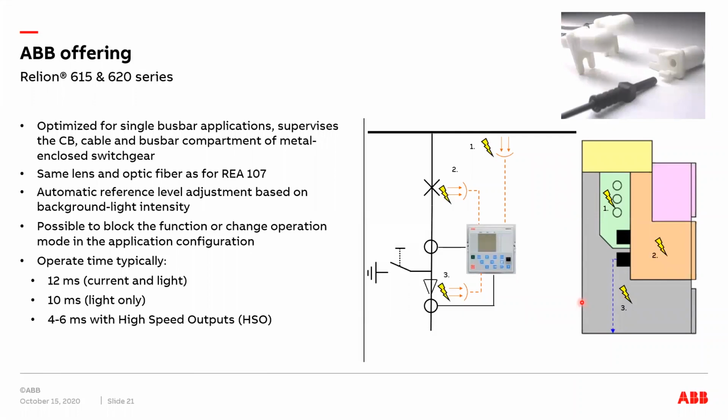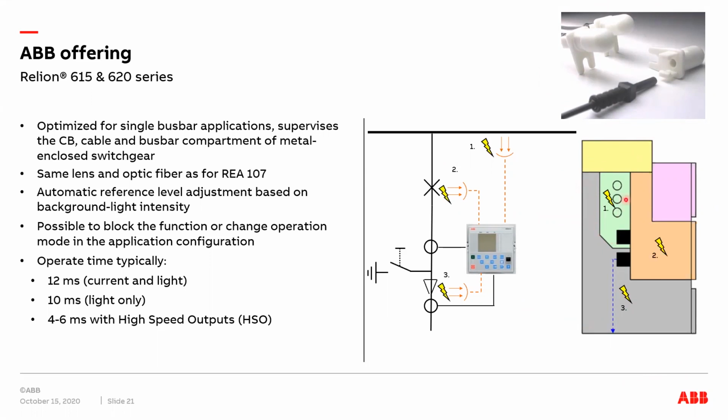So if we look at our offering, the Relion 615 and 620 series, we have 3 different sensors, and the ARC flash protection is optimized for single busbar applications. So here on the right side, you see a cross section of a medium voltage panel, metal enclosed, metal clad. You have the 3 sensors which you see up in the picture, same sensors as in the REA system.